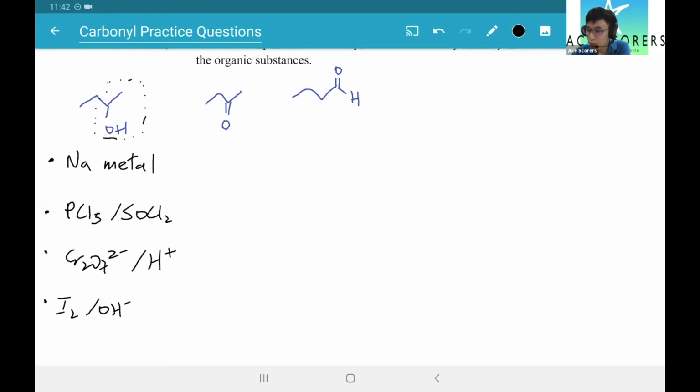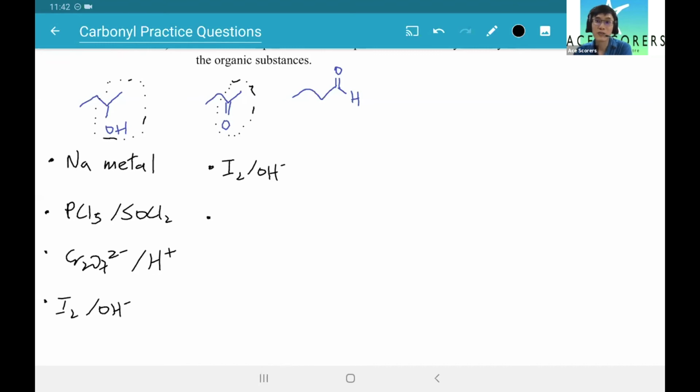For the ketone, you also got the methyl ketone group, right? Can you see? Because your butanone is basically the oxidized form of your butan-2-ol. So for the ketone, you can also use the iodoform test. Your ketone cannot undergo oxidation, but it's still a carbonyl compound.